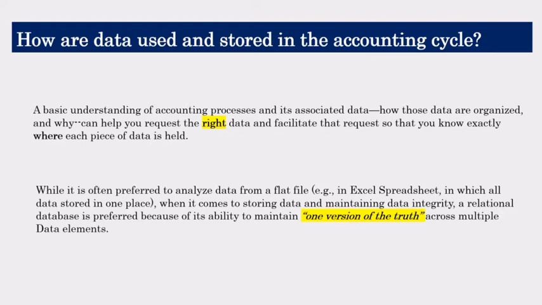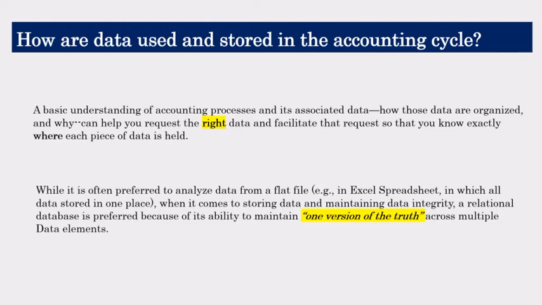You must know where the data are stored and how they are organized. If you don't know that, you cannot order the data, because before starting analysis you need to order the data from the information center.